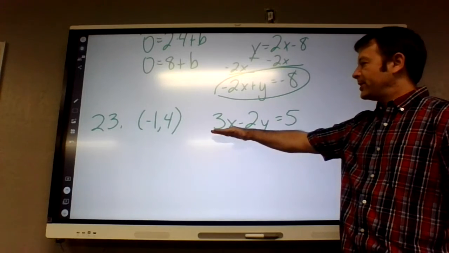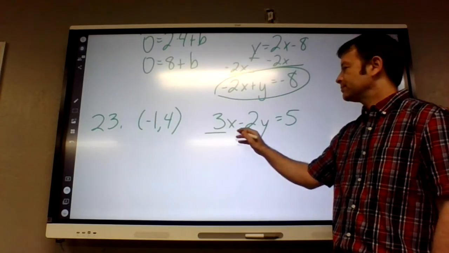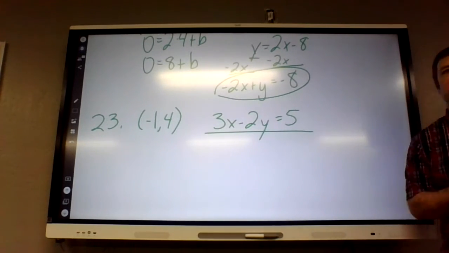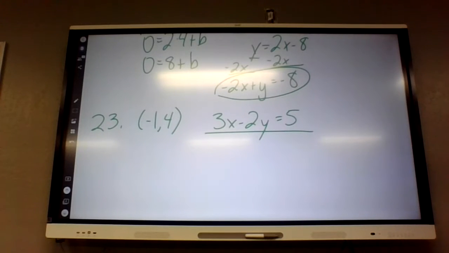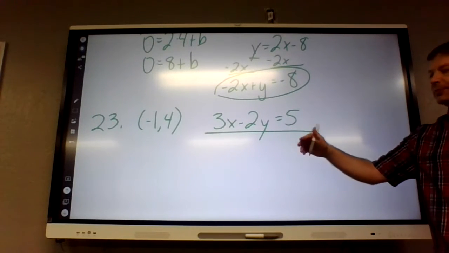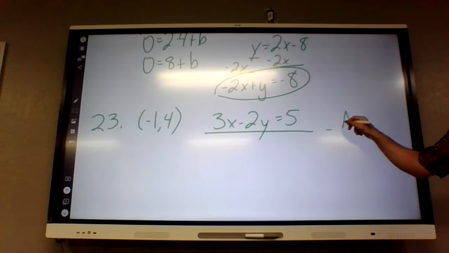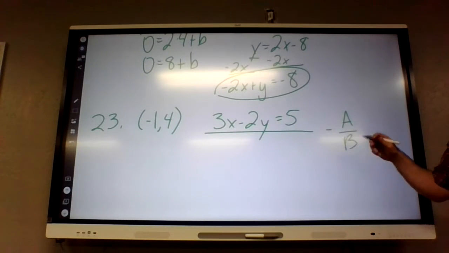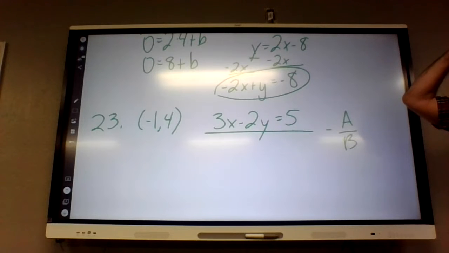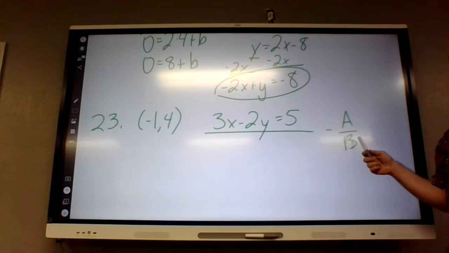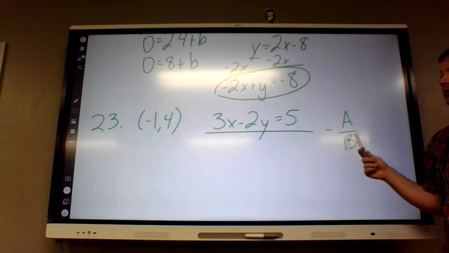How do we get the slope out of this line? You could subtract 3x and solve for y. Since we've done that a lot of times, I'm gonna tell you a fast trick to find the slope in standard form: it's negative A over B. You don't have to have this memorized, but it's a lot quicker.